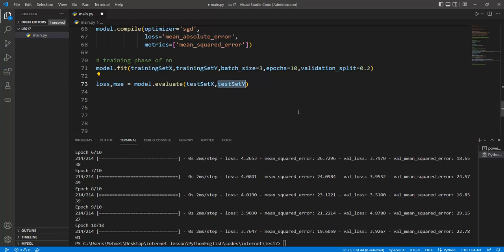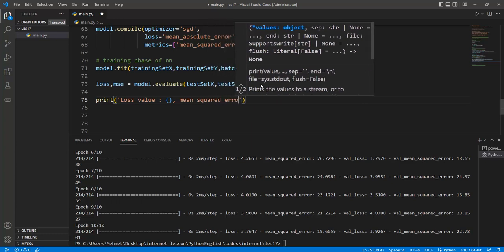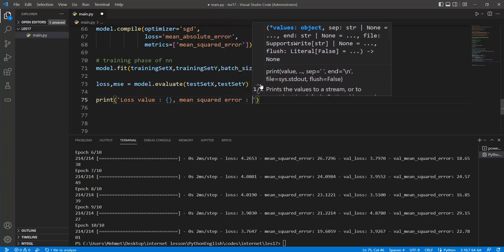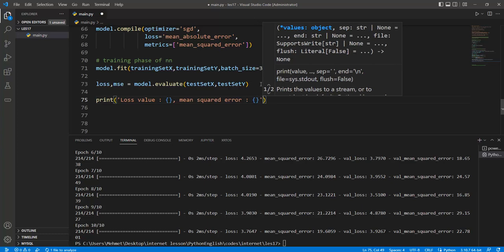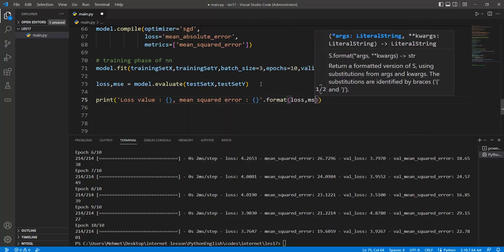Okay, and so we can also print the loss value like this one, and the mean squared error like this one, formatted as loss and MSE.